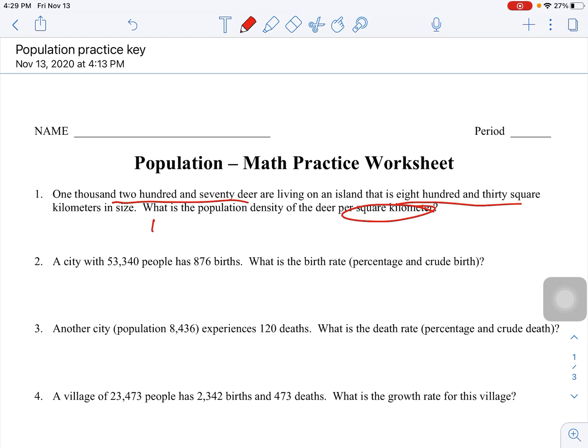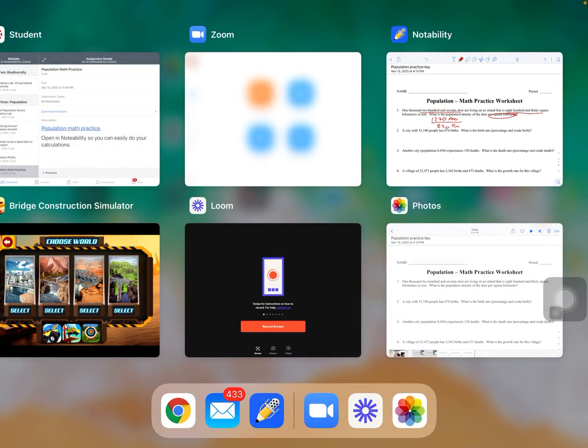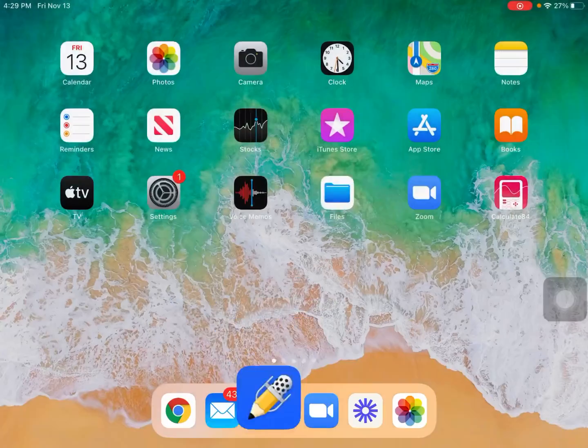So we're going to have 1,270 deer, and they're taking up 830 kilometers. So 1,270 divided by 830. I'm going to use a calculator for that.